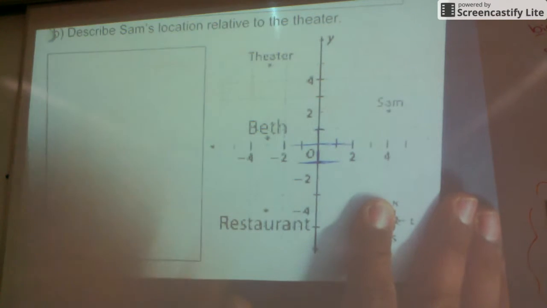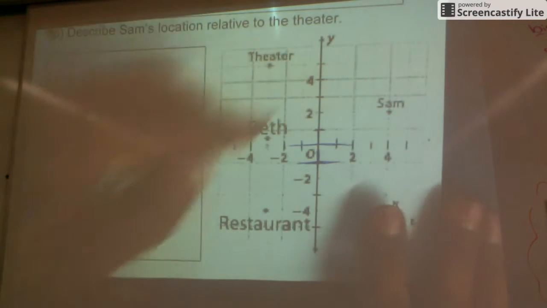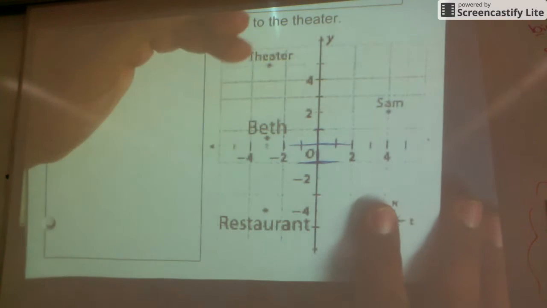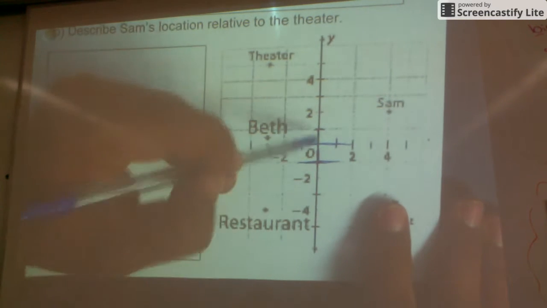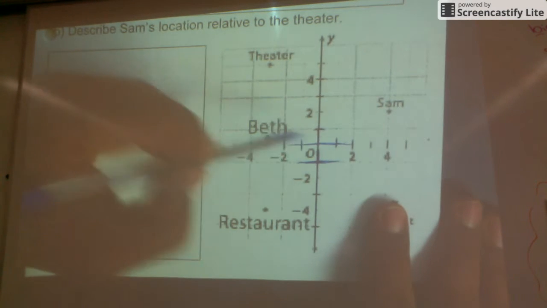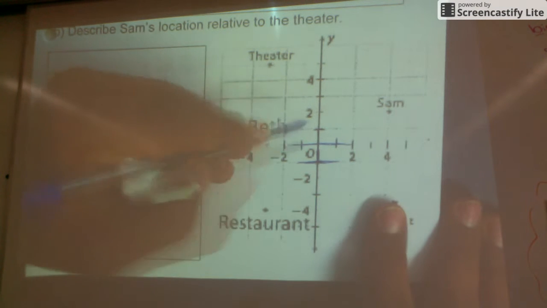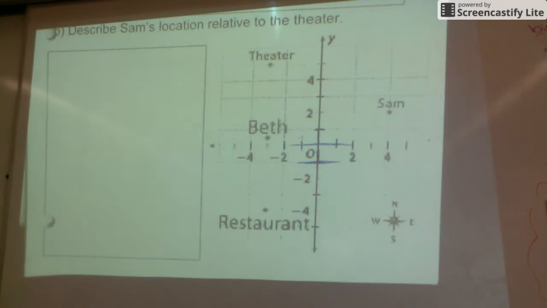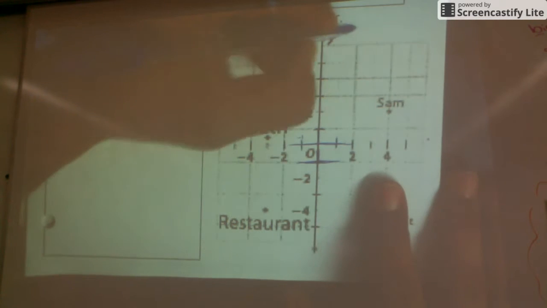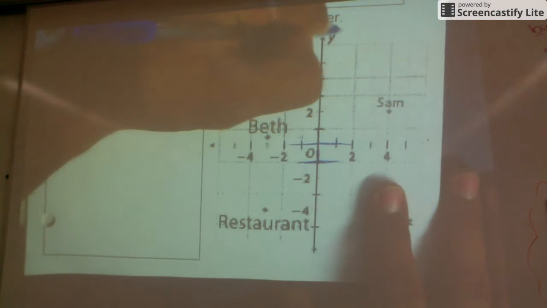Even I had a hard time. Now that we know our coordinates, we can see them. They're skipping 2, just like what we did, so they're not jumbled. So we know that in between 0 and 2 is 1. Same thing, between 0 and negative 2 is negative 1. So each distance here is 1 kilometer, or km.